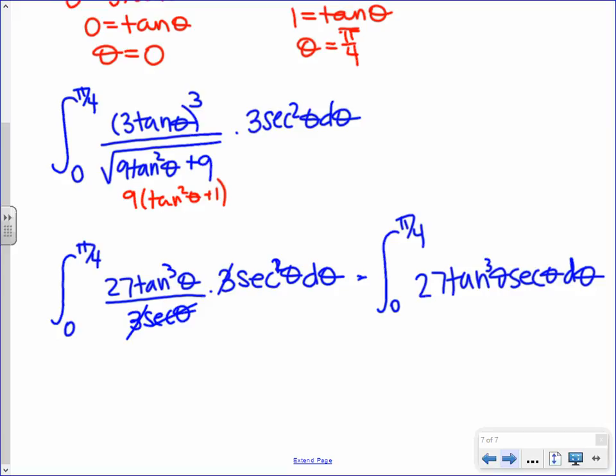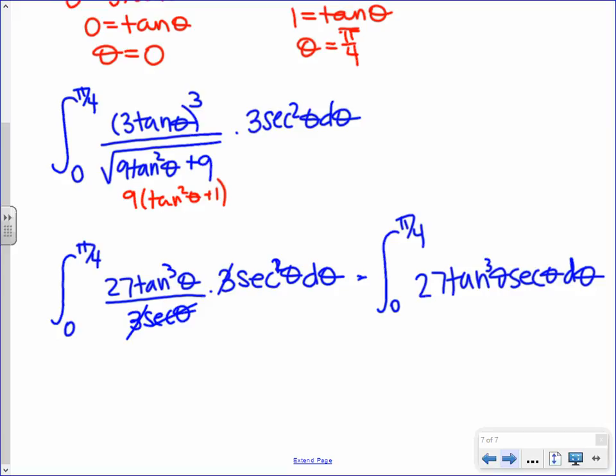Now what? How do we take the antiderivative of that? We can split it into tangent squared theta times secant theta tangent theta.